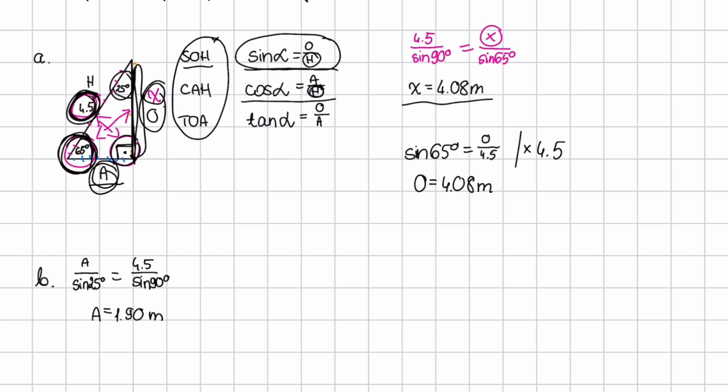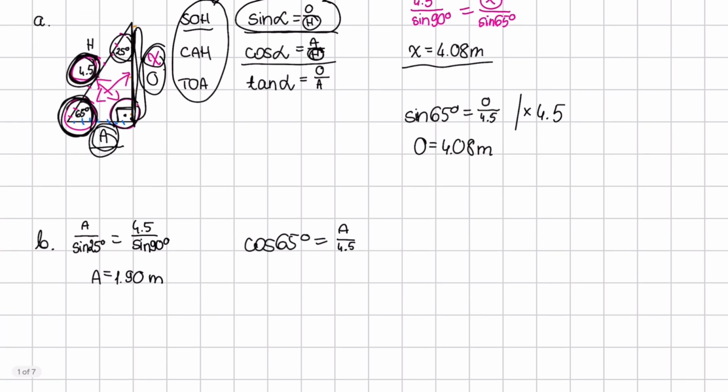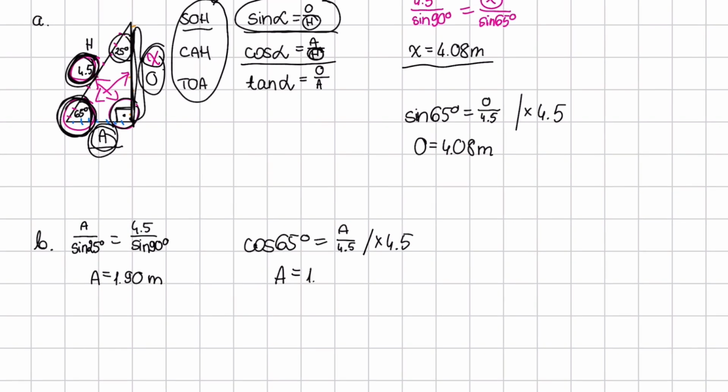So cosine 65 degrees is adjacent over hypotenuse, so over 4.5, and we can solve it by multiplying the whole equation by 4.5, or by typing it directly into the solver. The answer is the same as from the sine rule.